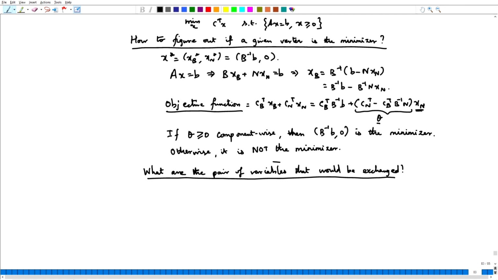At least one of them is not very difficult, okay. Note that we have the set of all non-basic variables, that is, theta. If you consider Cn transpose minus Cb transpose B inverse n, this is an n minus m length vector, okay.